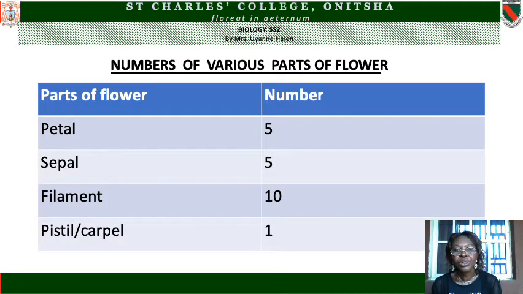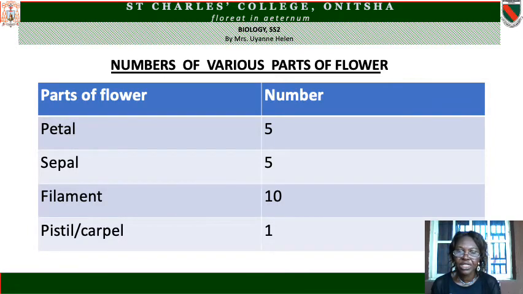Now, the next thing is numbers of various parts of that flower. We take an instance with that of the flamboyant. And flamboyant is the one usually used during a WAEC exam. Now you can see that the petal is 5.